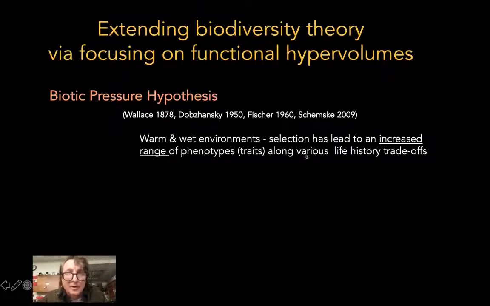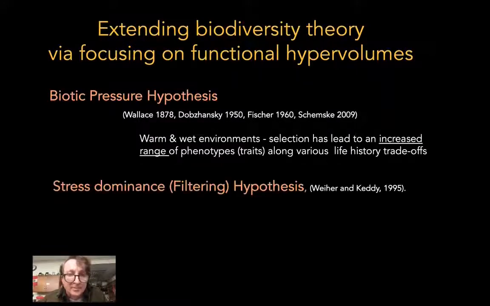This could be reflecting differences in the number of competitors, enemies, and diseases. In really warm, productive environments, that would favor high rates of competition and the evolution of more disease vectors and more pathogens, which would then lead to a diversification of species, which could then lead to a wide range of functional traits, or a bigger hypervolume.